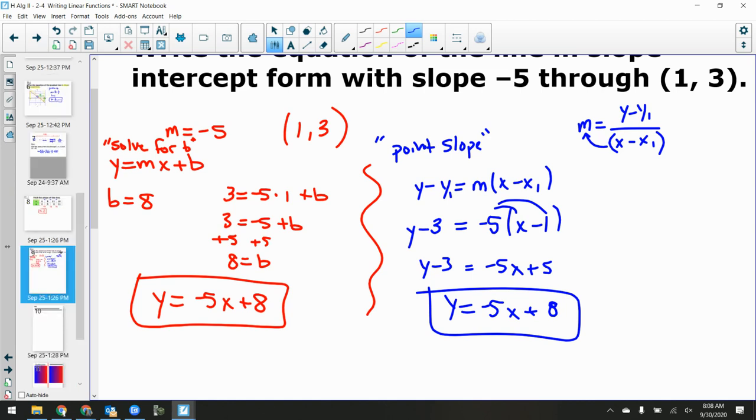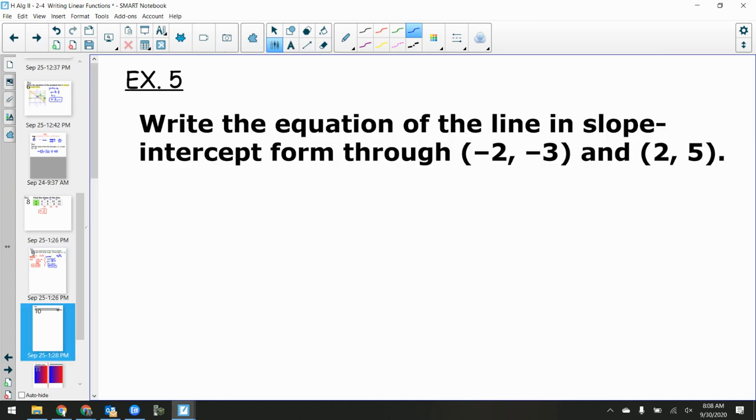All right, so that's if you're given a slope and any point. What happens if you're not even given the slope at all? Well, if I'm given 2 coordinates, I have the ability to solve for my slope. So let's do that.